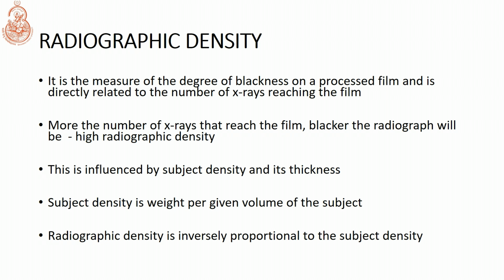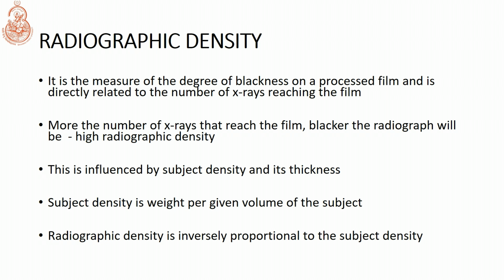And this density is influenced by the subject density and its thickness. The subject density is nothing but the weight per volume of the subject, and the radiographic density is inversely proportional to the subject density, which means that when a denser subject is there, I'm going to get less density on the radiograph.